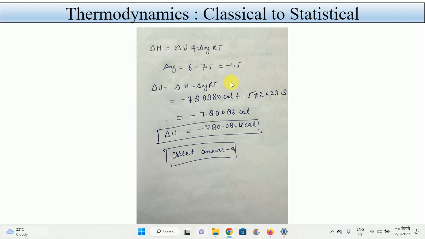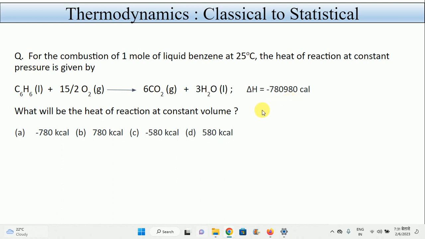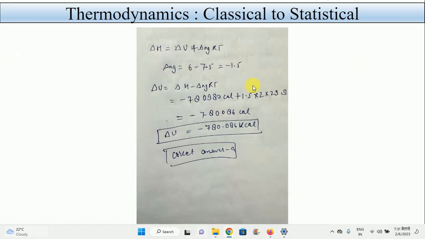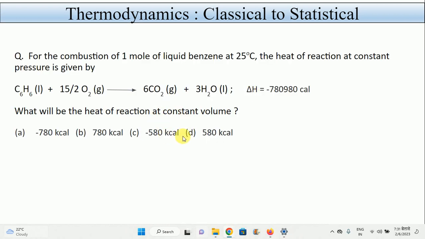By putting these values in, delta U we need to calculate, and delta H is given. Delta Ng we calculated, and then R, the answer is in kilocalorie. The value of gas constant R is equal to 2 calorie per Kelvin per mole.